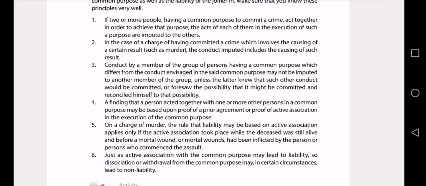Just as active association with a common purpose may lead to liability, so disassociation or withdrawal from the common purpose may, in certain circumstances, lead to non-liability.